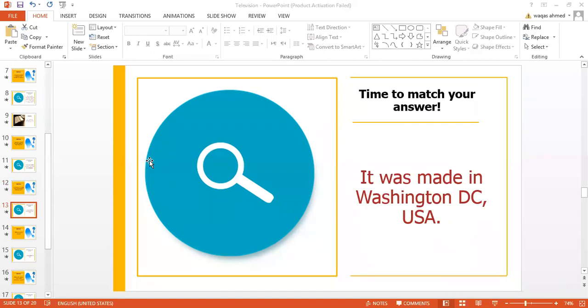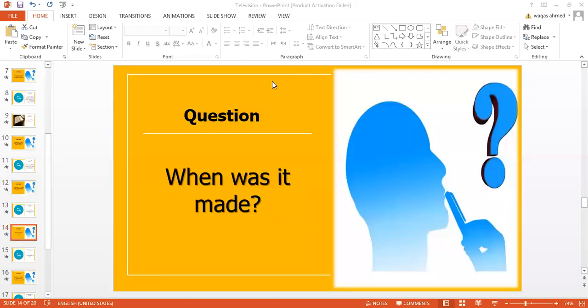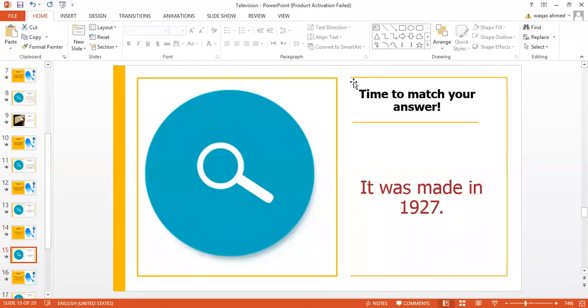Ayan Khurram has told about the year of invention as well, but in this slide we can confirm that it was made in Washington D.C. in the United States of America. It was the right answer. So the next question, when was it made? Ayan Khurram has actually given the answers of two questions. He was very rapid, so excited, I think. Yes, it was made in 1927, right?